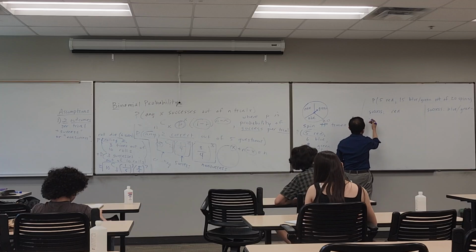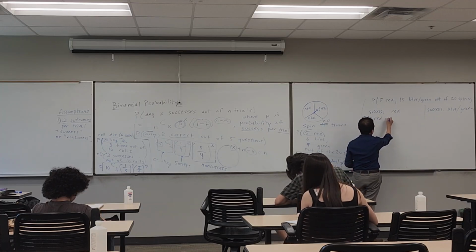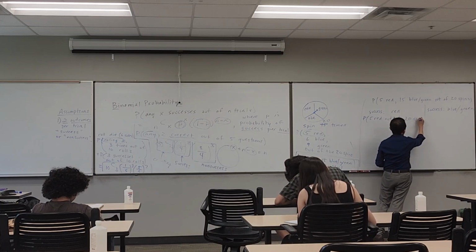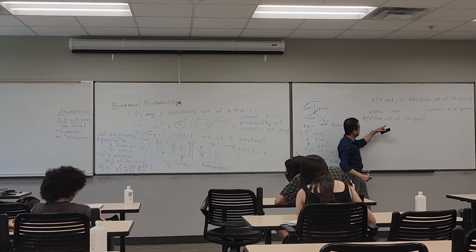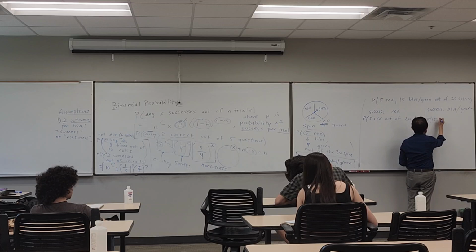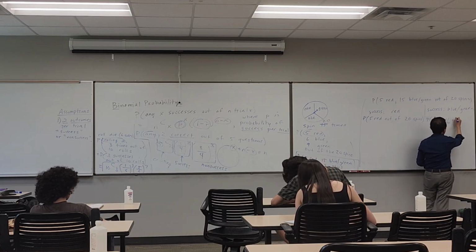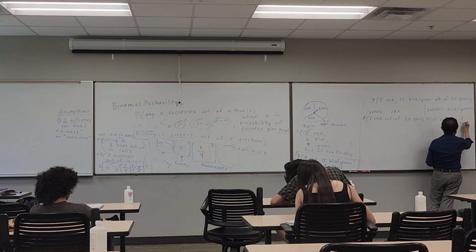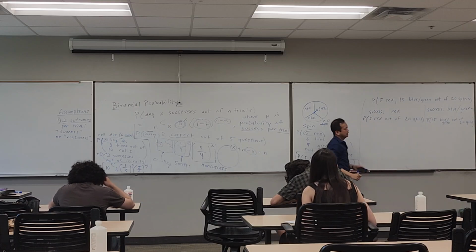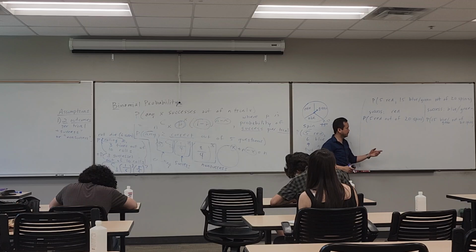If the success is red, we write the probability of 5 red out of 20 spins. If a success is blue-green, we write the probability of 15 blue-green out of 20 spins. Let's find both probabilities and verify that we get the same answer.